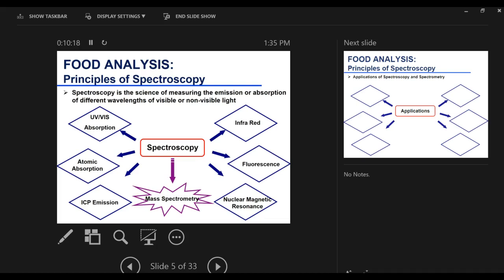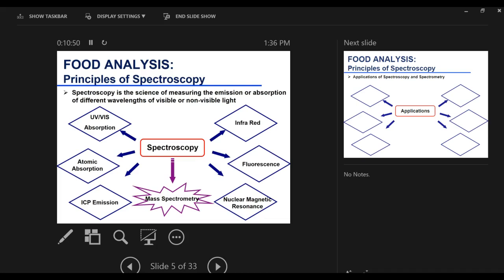Notice all of this is spectroscopy, but you don't say mass spectroscopy, you say mass spectrometry, because it deals with identification of ions in the presence of radio frequency and electrostatic fields. You'll learn about that with Gary next week.